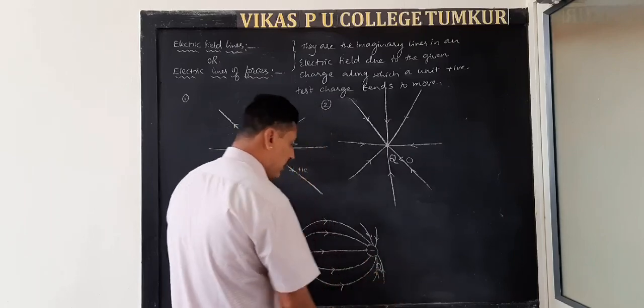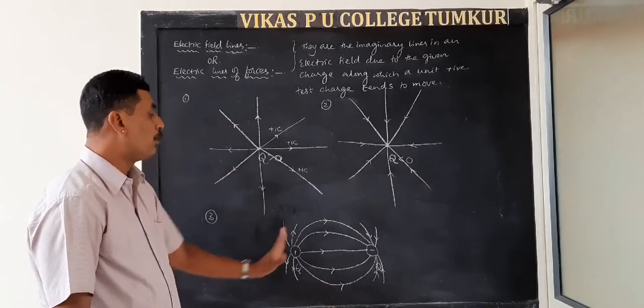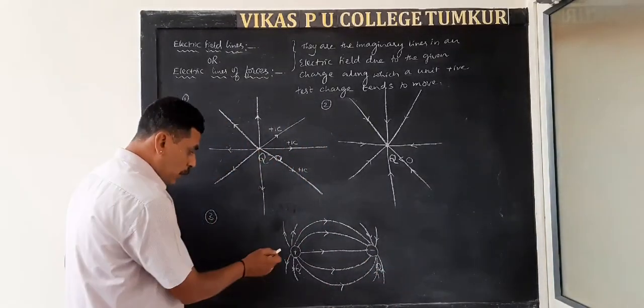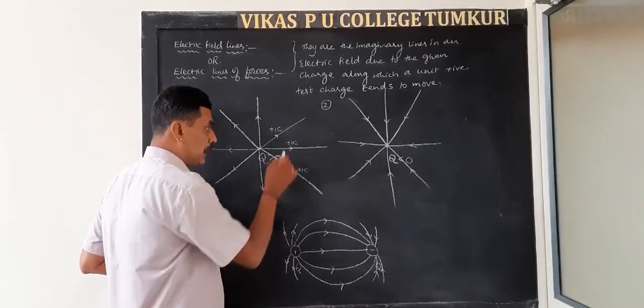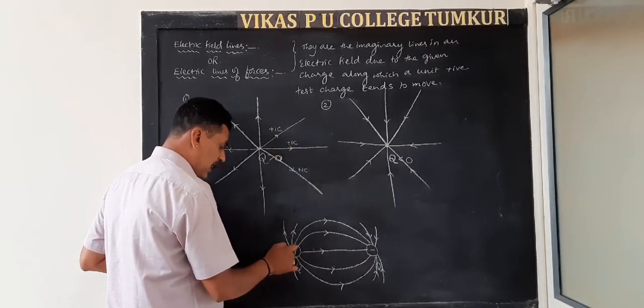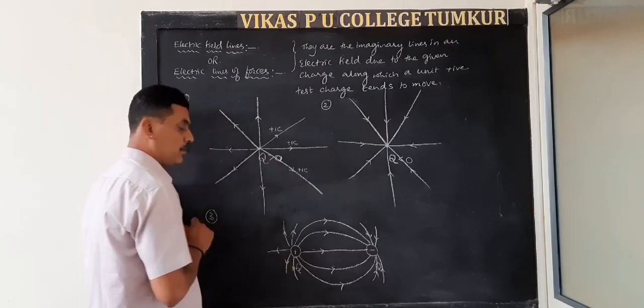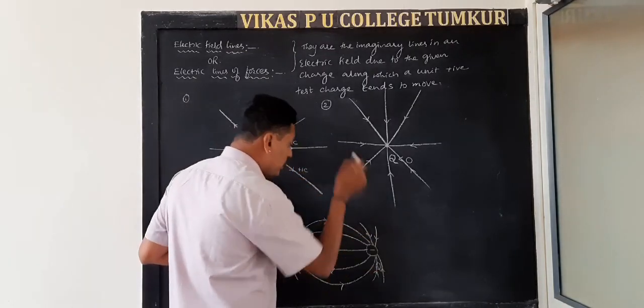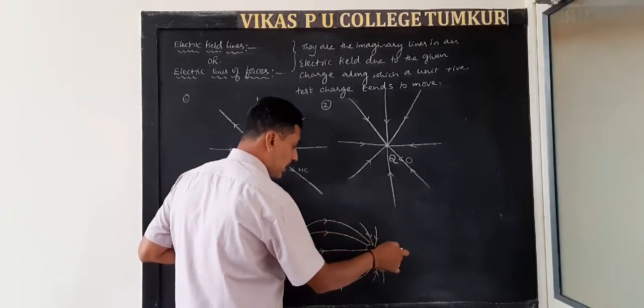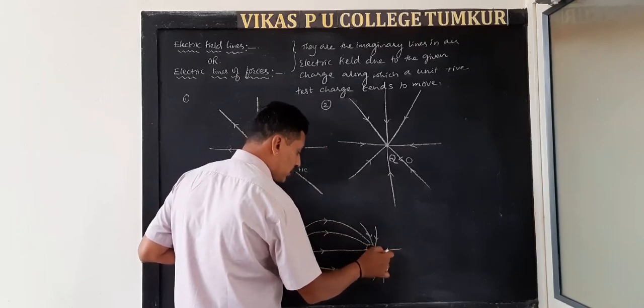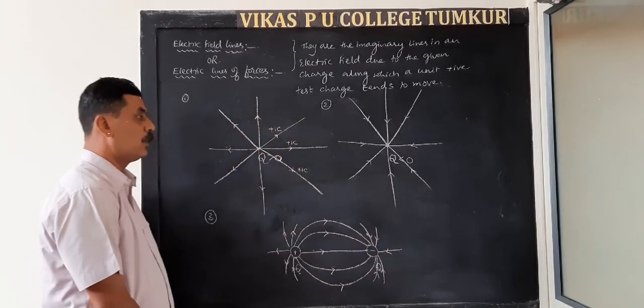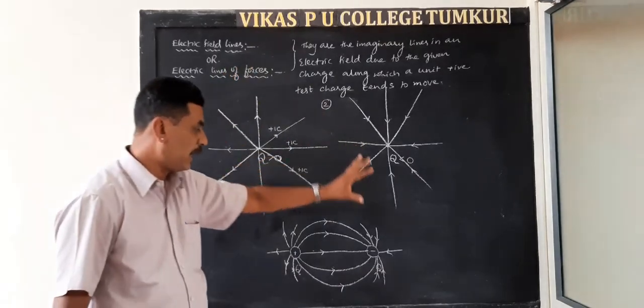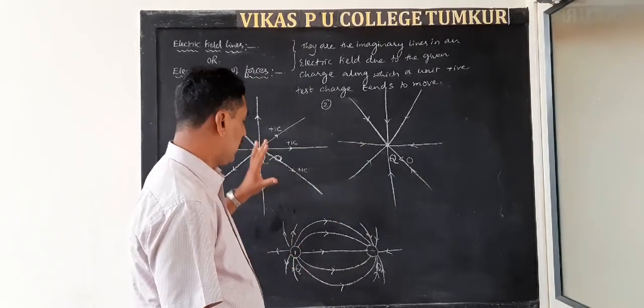These are the electric field lines due to a dipole. Supposing if I place the test charge here, ಈ test charge ತಗೊಂಡು ಇಲ್ಲಿಟ್ರೆ naturally this will repel along this direction. Supposing if this test charge is placed here, it gets attracted along this direction. So these are the electric field lines due to a dipole.